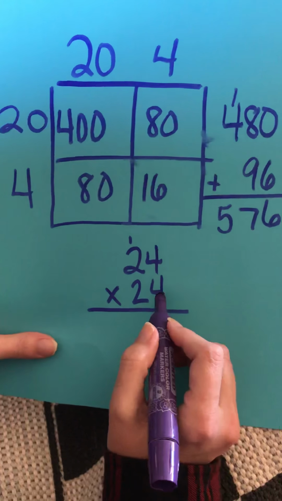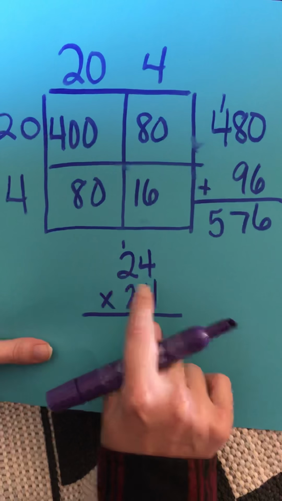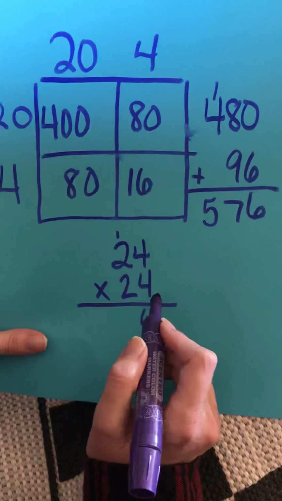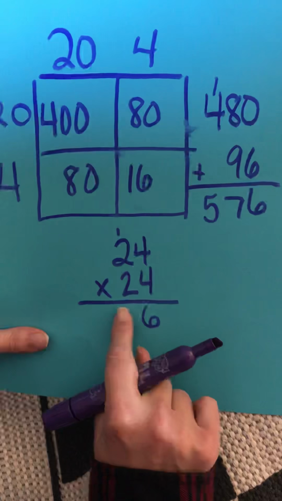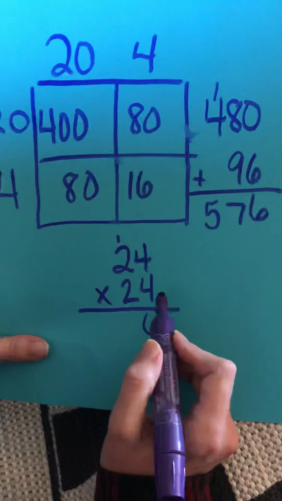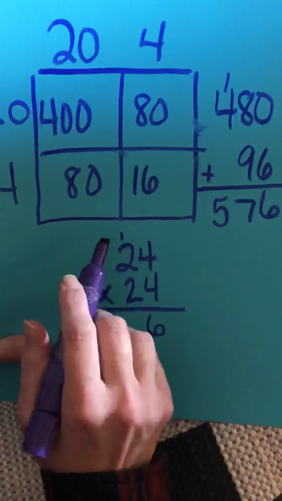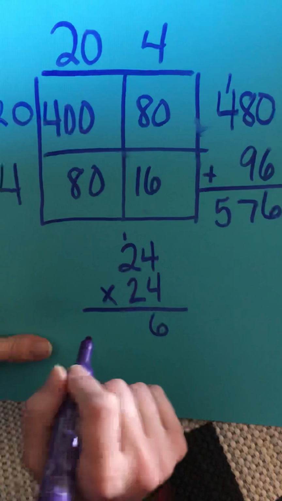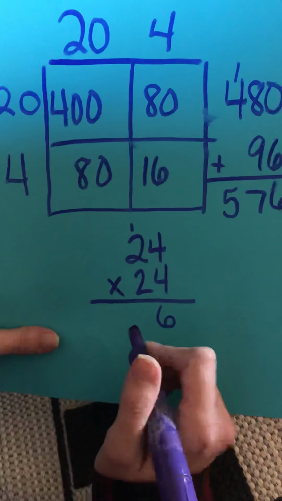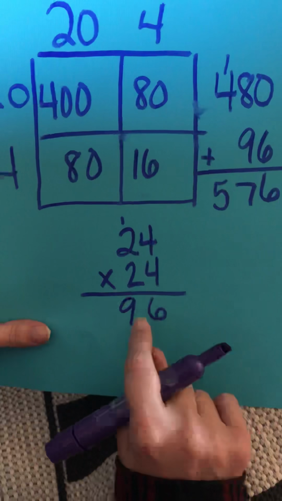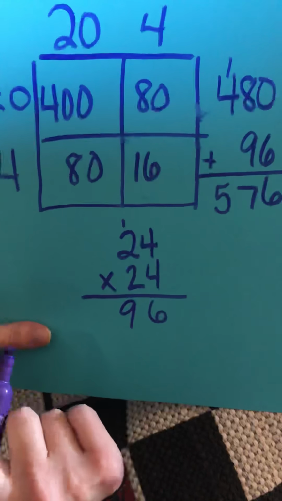And then I'm multiplying 4 times 2, but it's actually like multiplying 4 times 20. But I can think of it just as 4 times 2 because I'm going to line it up by place value. So that gives me 8, and then I'm adding the 1, which is actually like adding 10, so that would give me 9. So I've got 9 here, which is 96, whenever I have it lined up by place value.